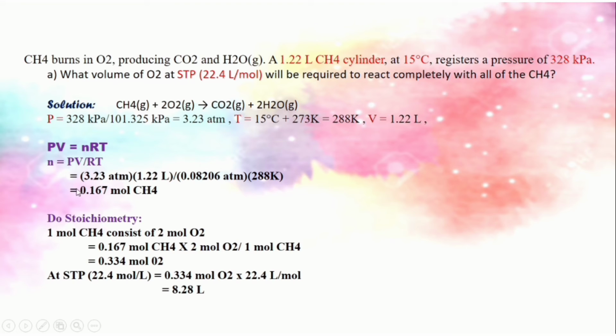We have found the number of mole of CH4, so we put in the stoichiometry: 0.167 mole CH4 multiplied by 2 mole oxygen over 1 mole CH4. The CH4 here and here, we can cancel. So we multiply 0.167 by 2 mole oxygen, and we got the mole of oxygen, 0.334.